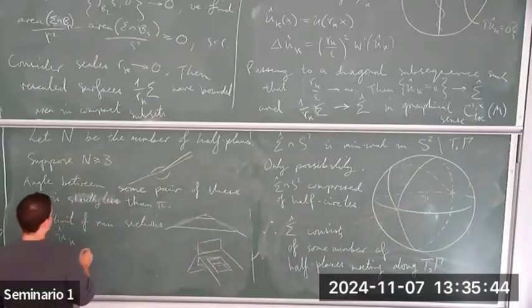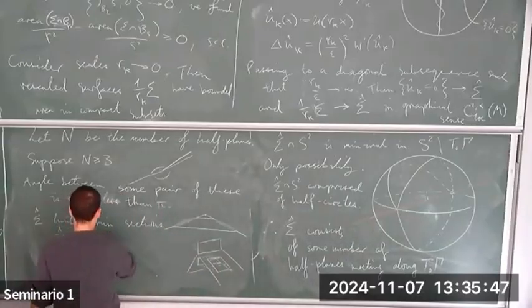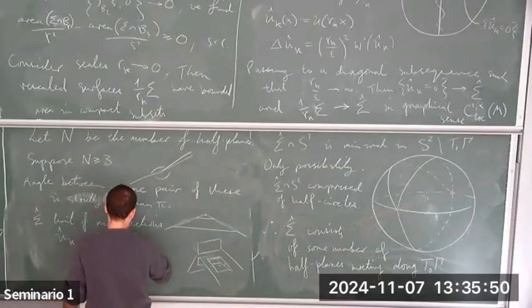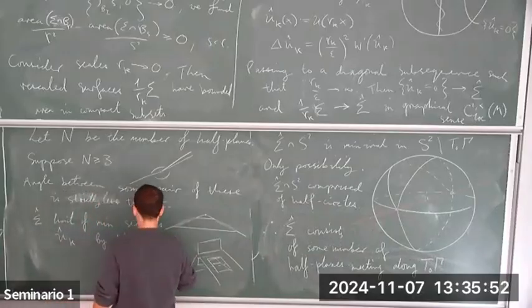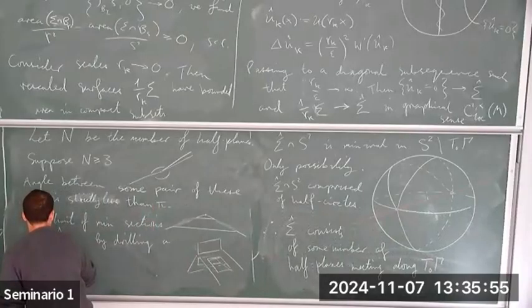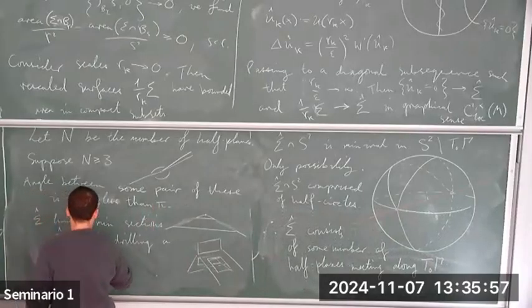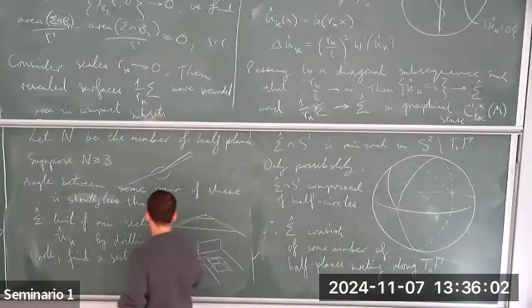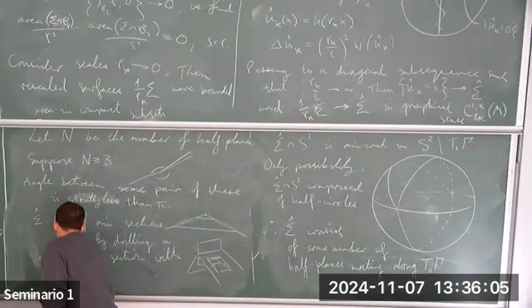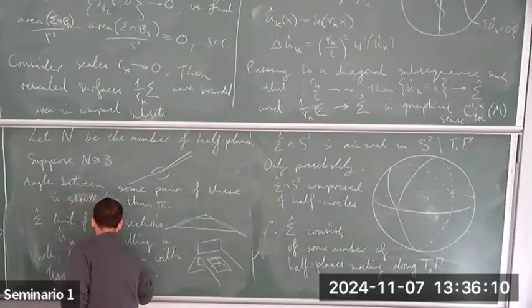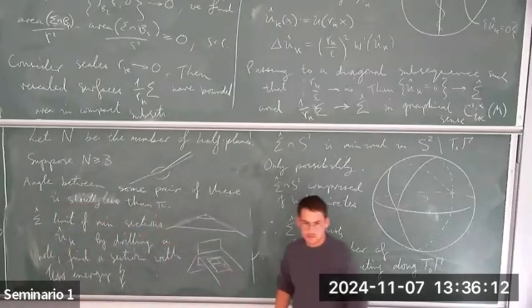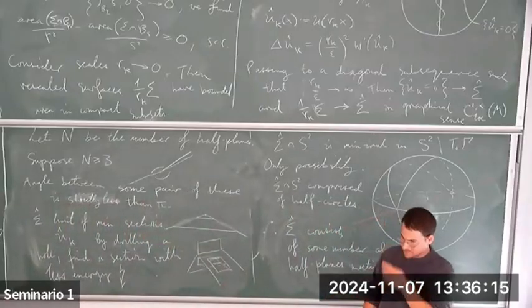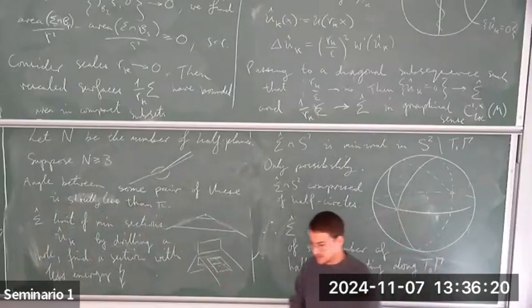So what we do here is by drilling a hole, we find a section with less energy, which gives us a contradiction. Okay. So in fact, we can't have 3 or more half planes meeting.